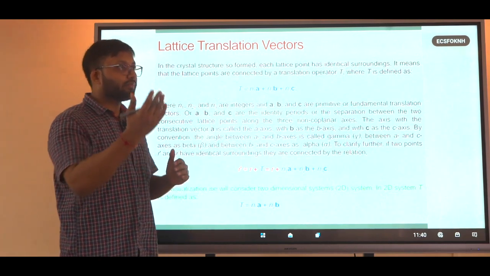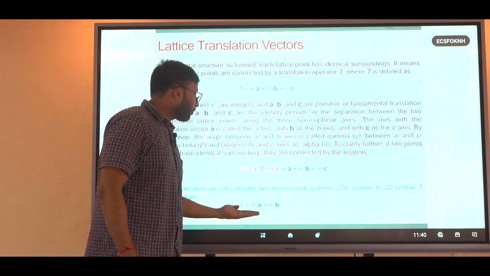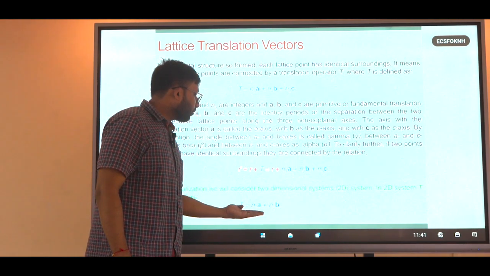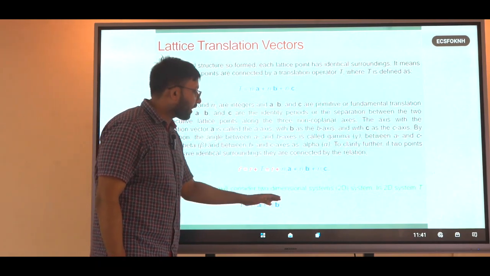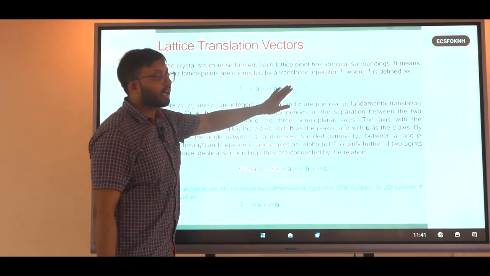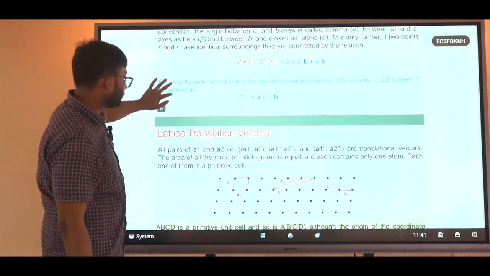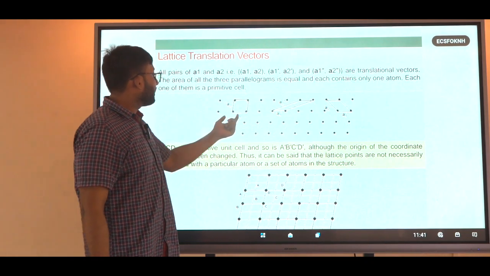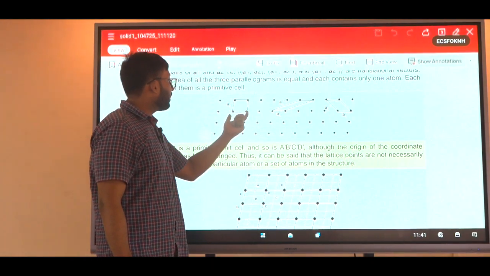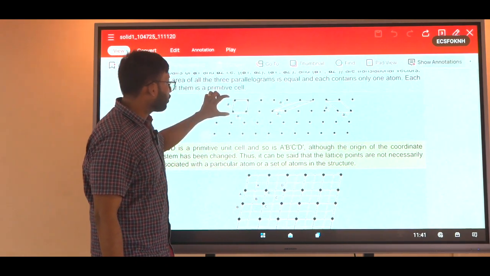If I bring it down to two dimensions, then the translational vector will modify according to this equation, that is n1a plus n2b. Just the third dimension is missing, so the third term is also missing. Just like I was saying, along x direction we have an a1 vector, along y direction we have an a2 vector.